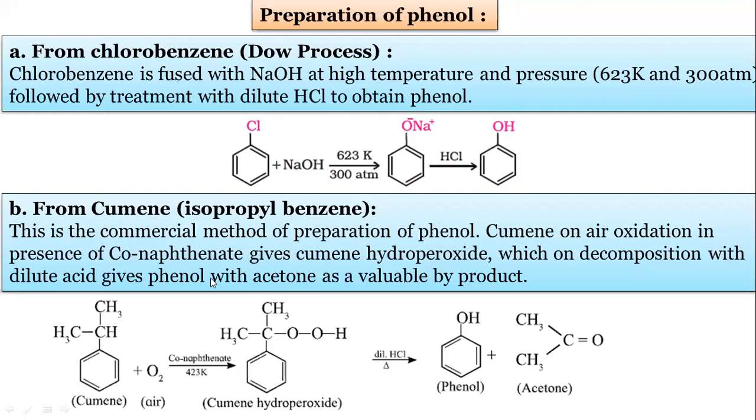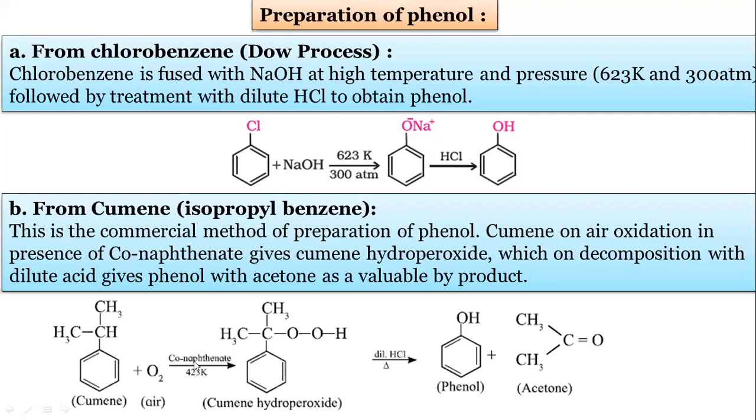So this is a commercial method for preparation of phenols in industries. It is a very simple method and it is very easy. See, cumene is first treated with oxygen. It is called air oxidation, O2, in presence of cobalt naphthalate.